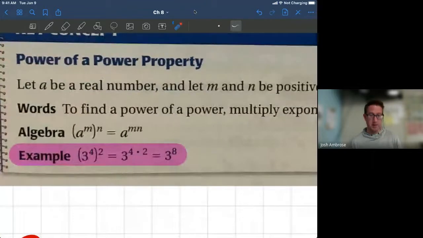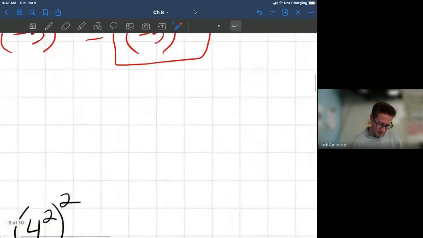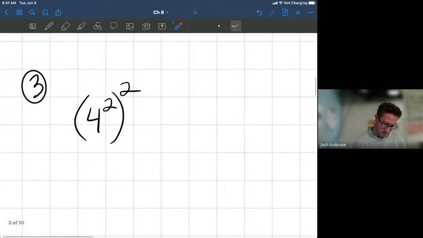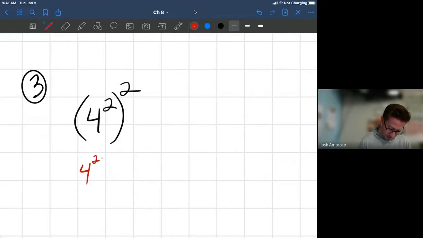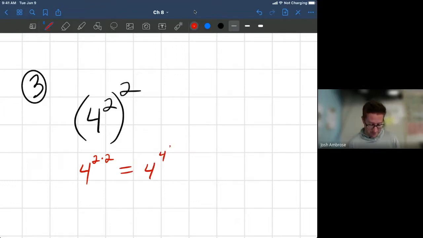You have one base, but two exponents, and you multiply those exponents. So if that is what we are dealt, then we have our base, exponent multiplied by another exponent, being our base to the power of 4 now. And that's all we have to do there.